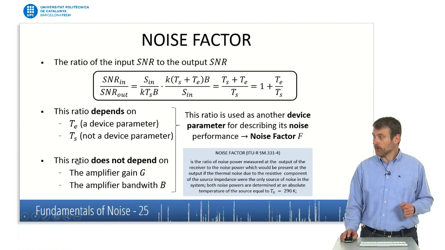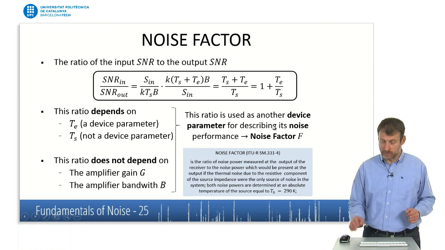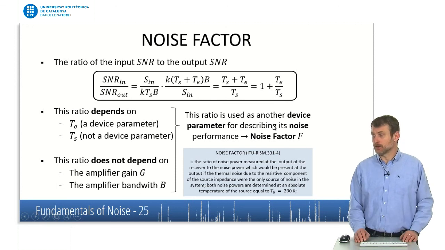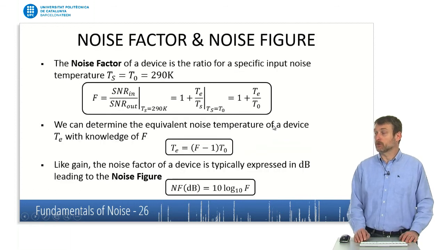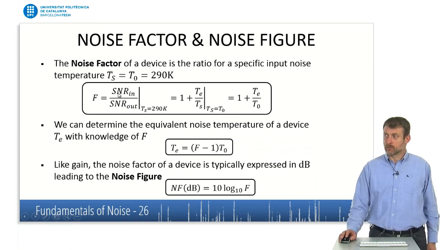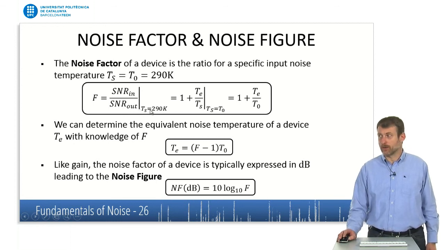Now, for the particular case of Ts equal to T naught, this degradation in signal-to-noise ratio is called the noise factor. So the noise factor will be the ratio of signal-to-noise input to signal-to-noise output for a particular value of Ts equal to 290 Kelvin.